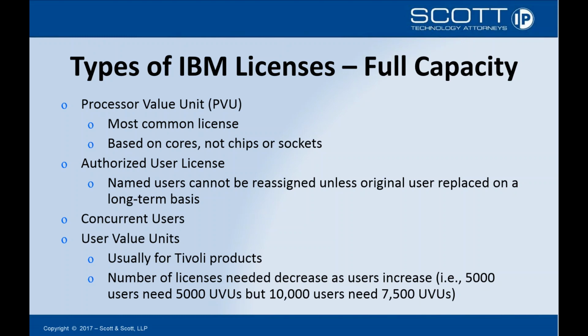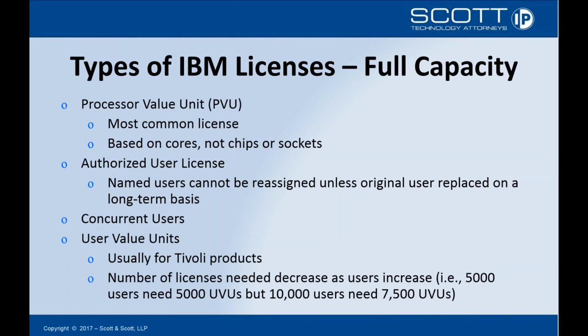So if you are dealing with IBM DB2, and you are determining how many PVUs you need on the particular server, you may learn that if it's a large server with multiple virtualized servers residing on it, it might be cost prohibitive for you to buy enough PVUs to cover the full capacity of that server.